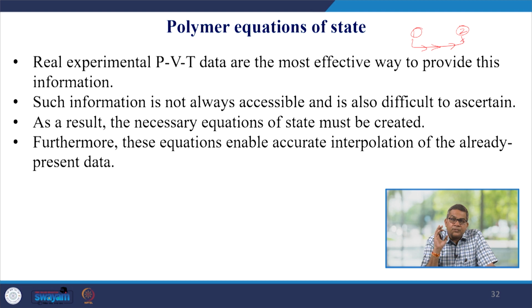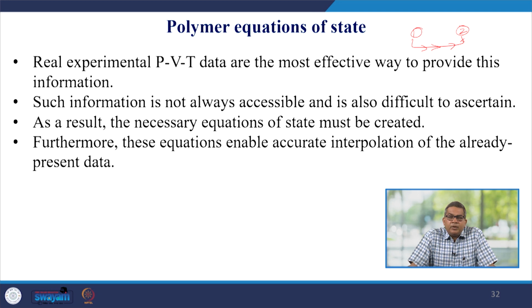If you have real experimental data, they are very useful to predict the state of that particular polymer mass at appropriate time, temperature and pressure. This information is sometimes not accessible and also difficult to ascertain. As a result, the necessary equation of state must be created, because every time you may not have a ready-made equation.